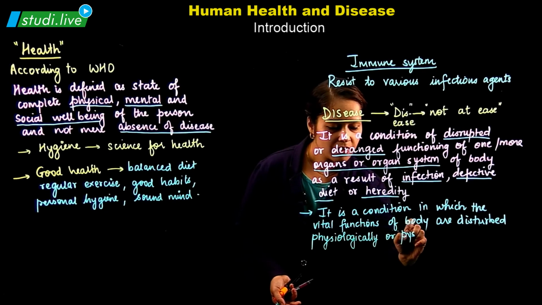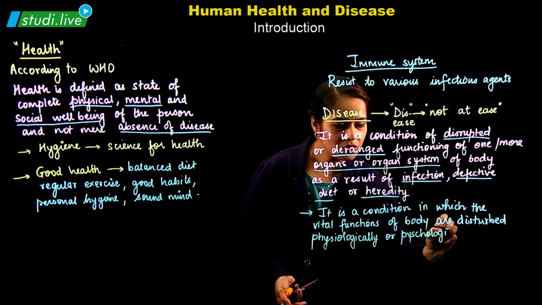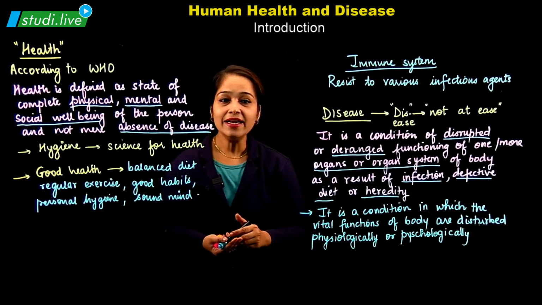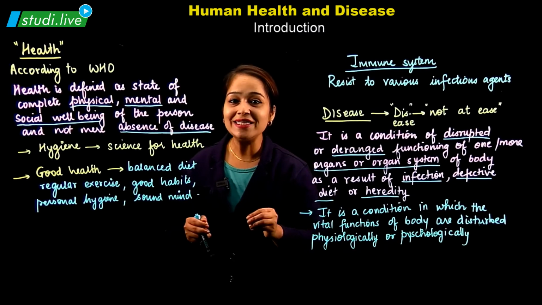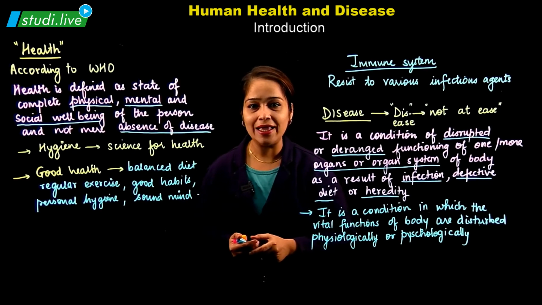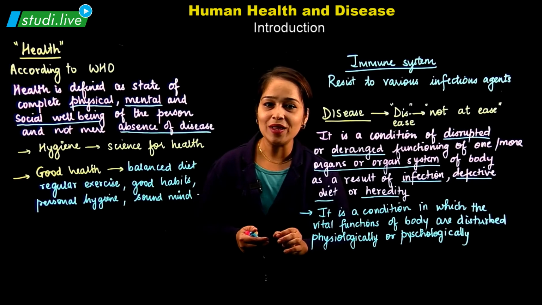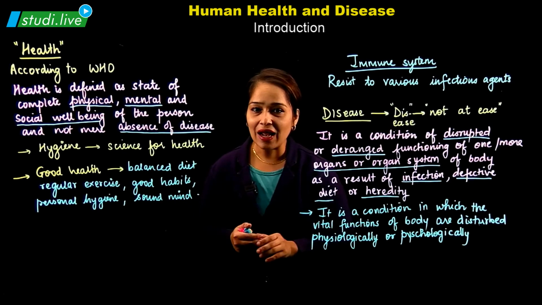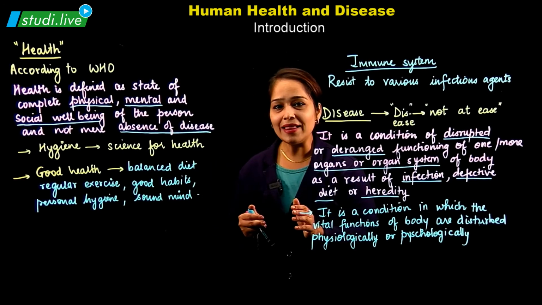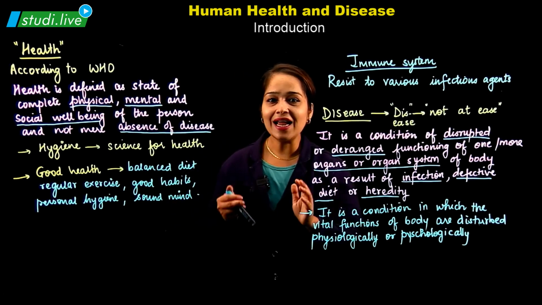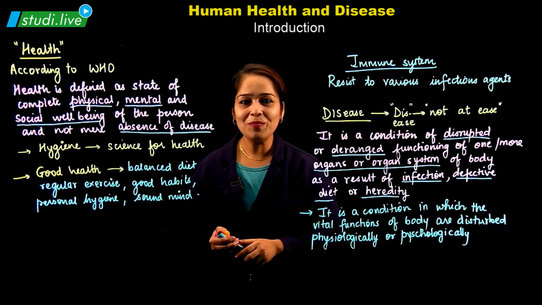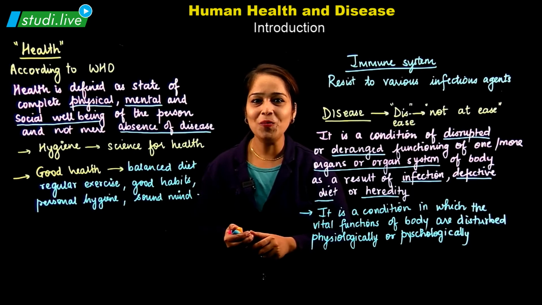The vital functions, which are the normal functions of the body, are getting disturbed physiologically, which means the internal functioning of the body is not working properly, and psychologically, which is dealing with the brain. When these activities are not functioning properly, that condition is said to be a disease. So with this, we have seen the understanding of the terms human health and disease. This was the brief introduction of our topic, human health and disease.